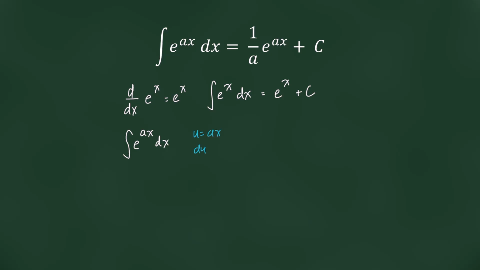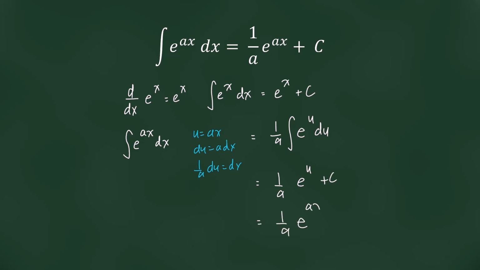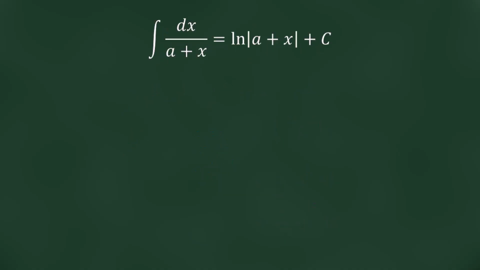U will be a times x, du will be a dx. So 1 over a du replaces dx, and we end up with 1 over a times the antiderivative of e to the u du, which by the above is 1 over a times e to the u plus c, and we get 1 over a e to the a times x plus our constant c.